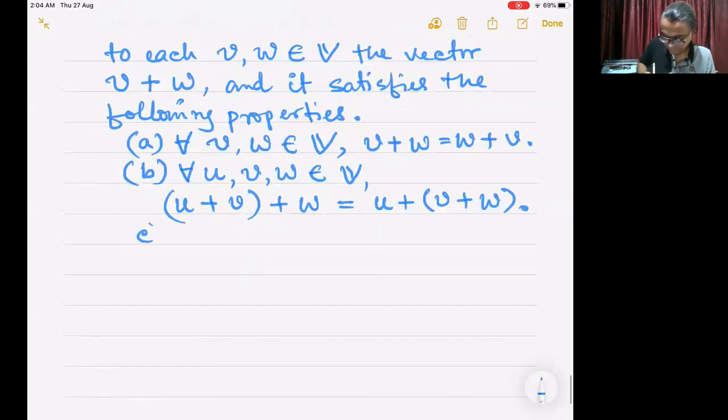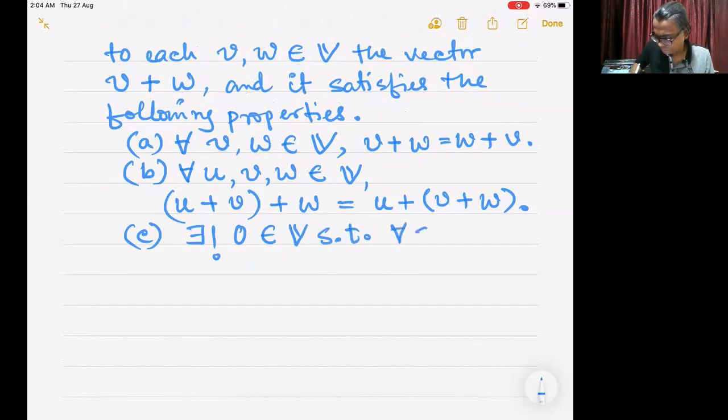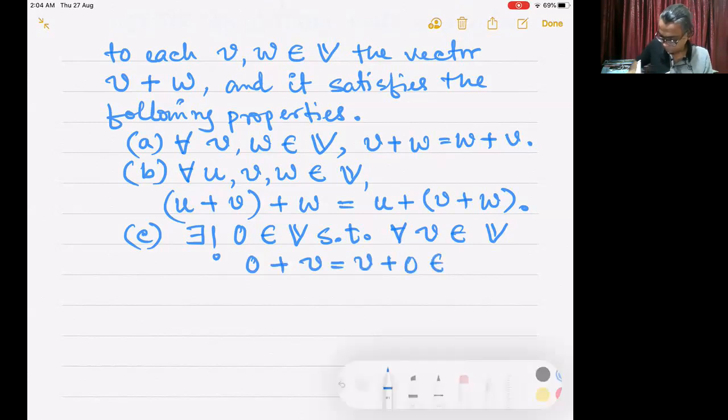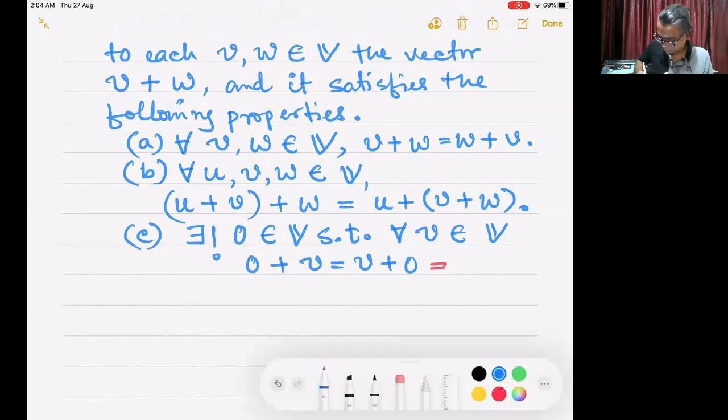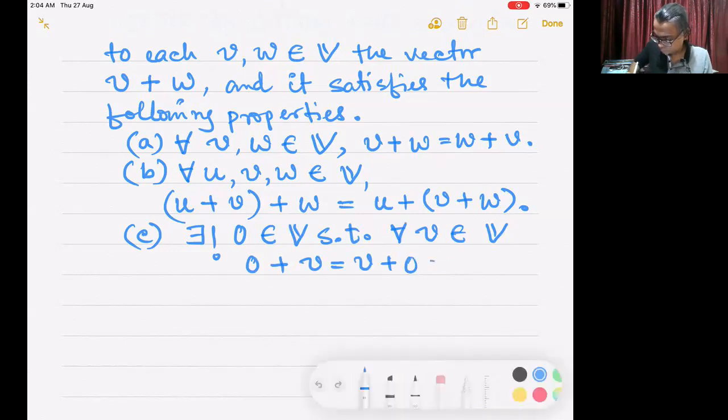C, there exists a unique element 0 in V such that for all v in V, 0 plus v equals v plus 0 equals v.